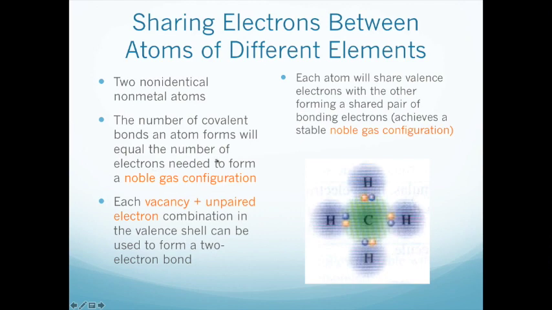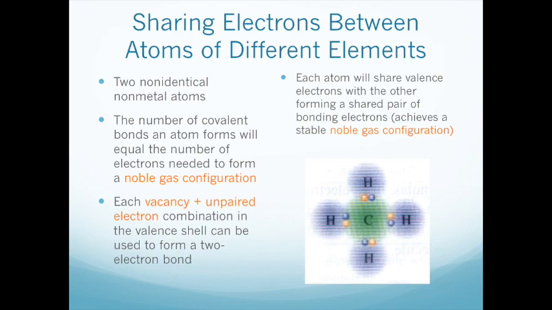So you have to account for the number of vacancies and unpaired electrons in each valence shell, and each of these unpaired electrons can be used to form a 2-electron bond with another atom. And then when you have established which electrons participate in bonding, you will share each electron between the atoms that a bond is forming between, and each of these atoms will then obtain a noble gas configuration.